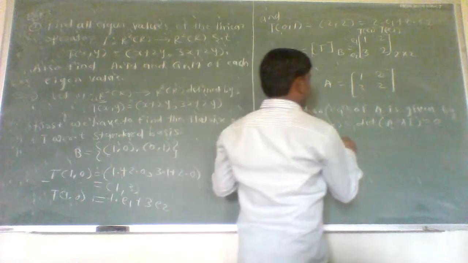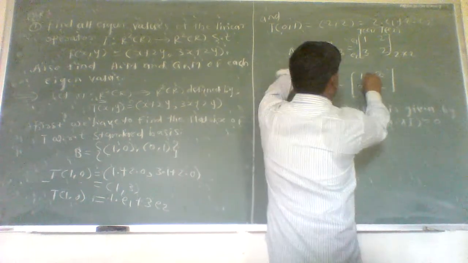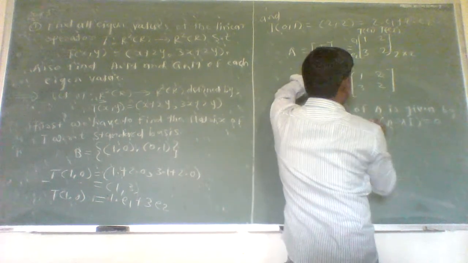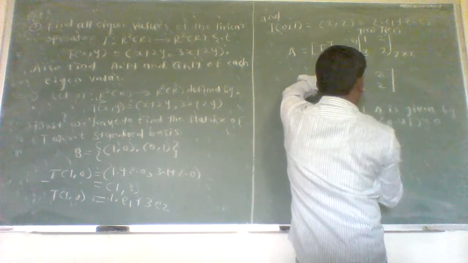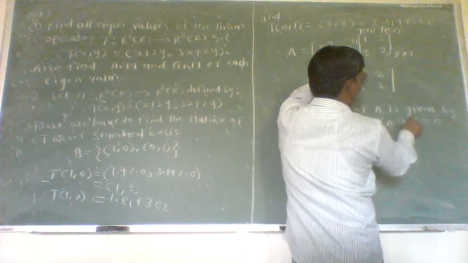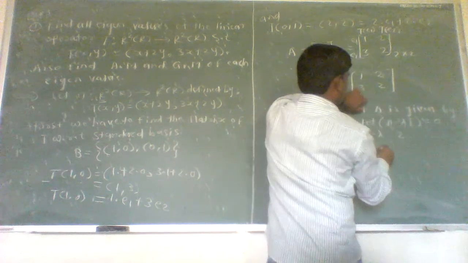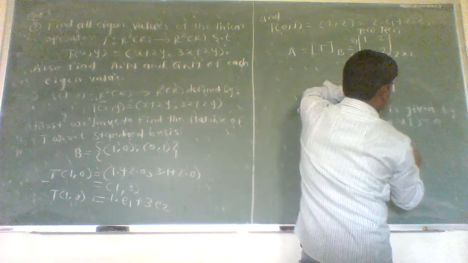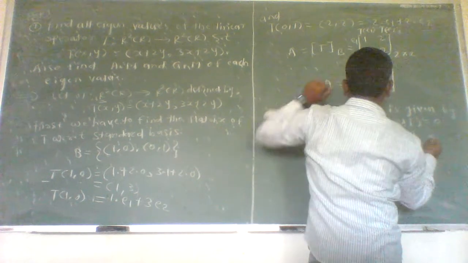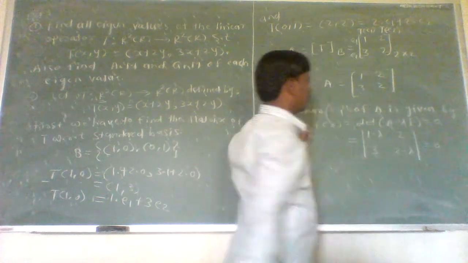So f of lambda is nothing but the determinant of A minus lambda I, which is the determinant of [1 minus lambda, 2; 3, 2 minus lambda], equal to 0.